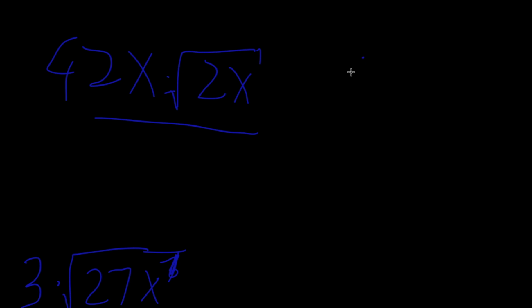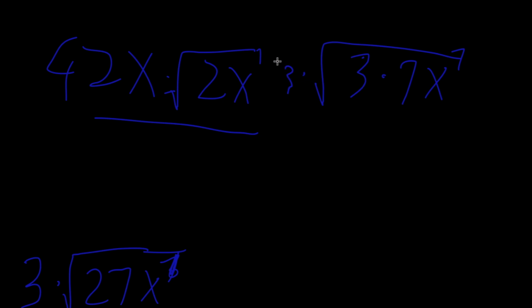So 3 times. So we can write 27 as 3 times 7x to the 7th, all of that on the square root side, times 3.